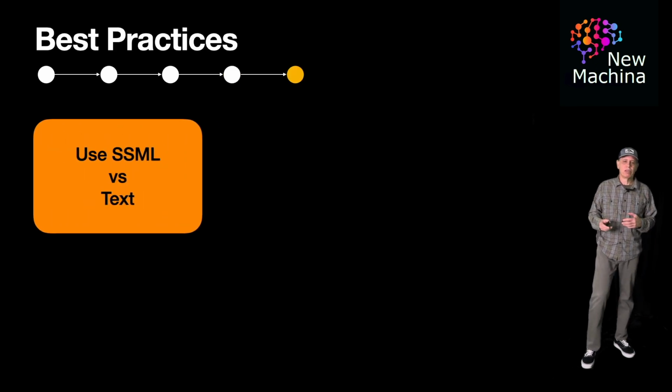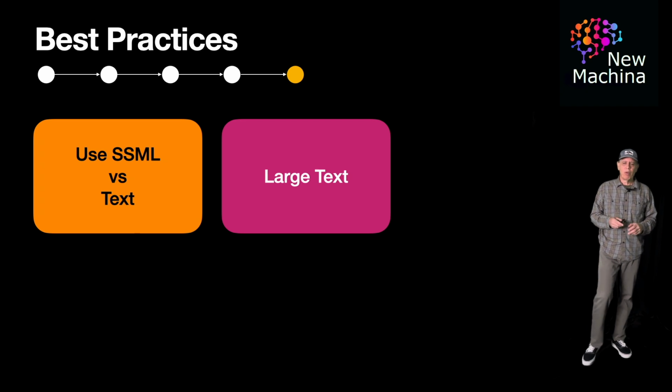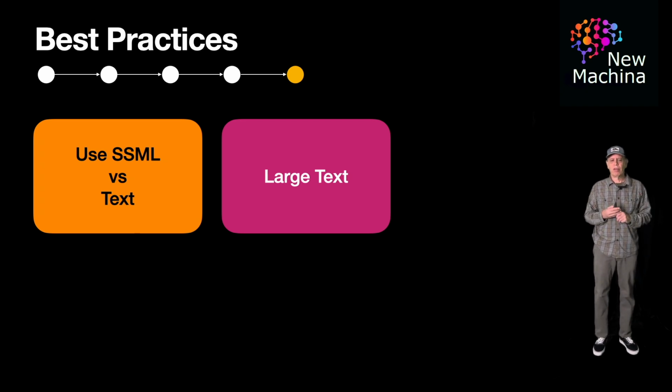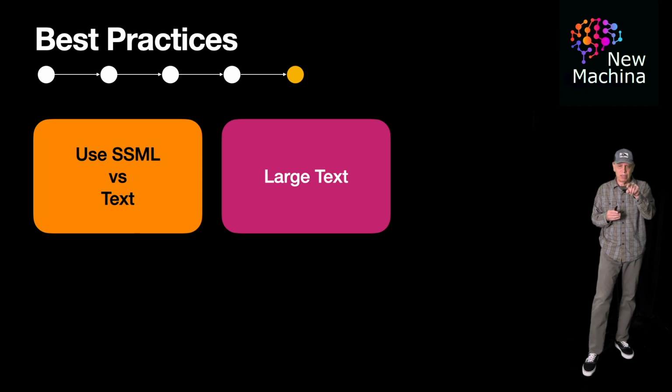Now for some best practices. I would definitely use SSML versus just raw text because you have so much more control over the audio output. If you really want to do something with high quality, I strongly recommend using SSML. Now, if you have large text blocks, you're not going to really be able to use the exact same API call I made to synthesize speech.